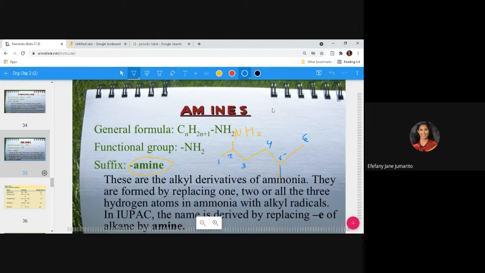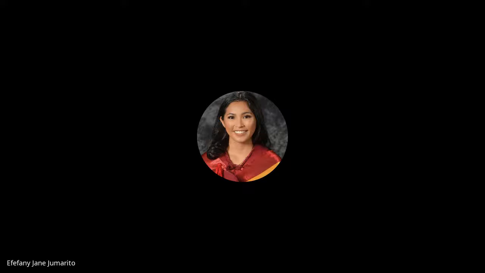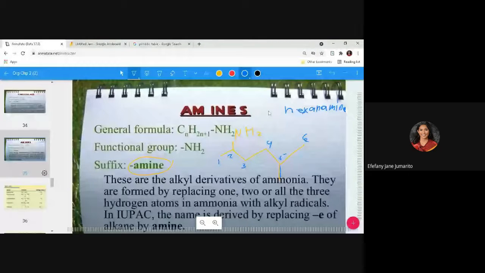So the name is, parent chain we have hex. Then, because we have an ane, then we will have amine. Okay, we have amine. Now your amine is in carbon 2, so you can write that here. 2-hexanamine.